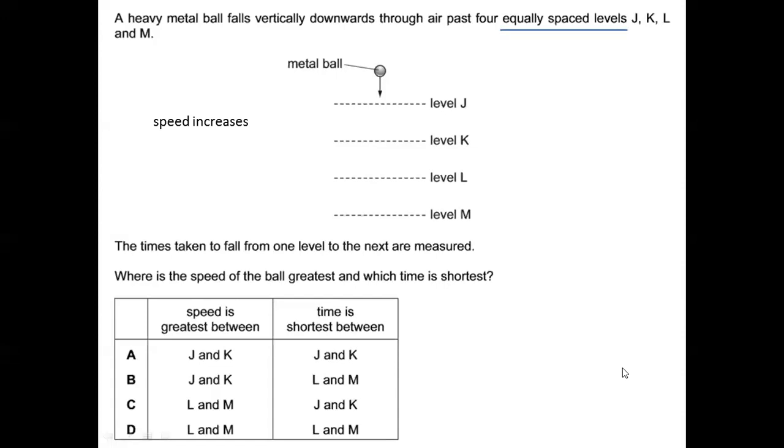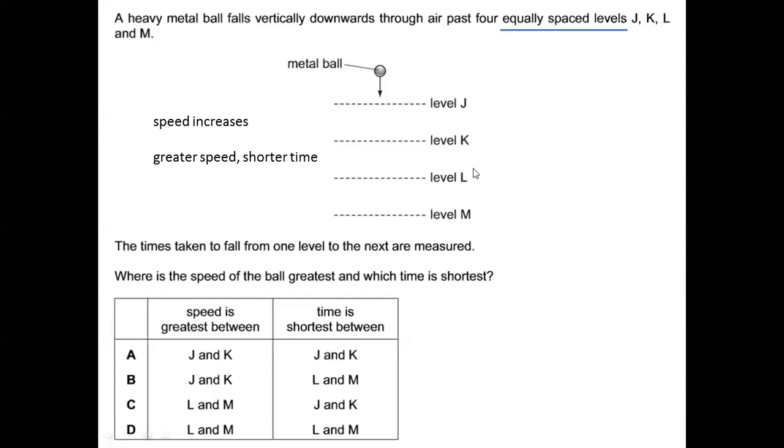Since we are dealing with equally spaced levels, the greater the speed, the shorter the time it takes for the metal ball to travel those distances, which means the greatest speed will be found at the bottommost part of the distances considered.